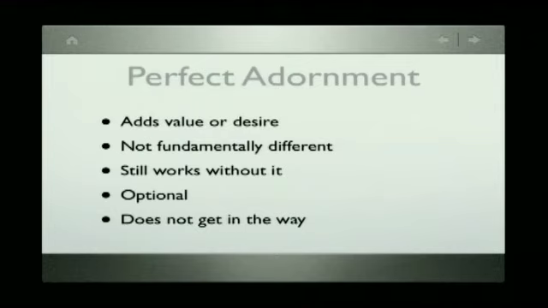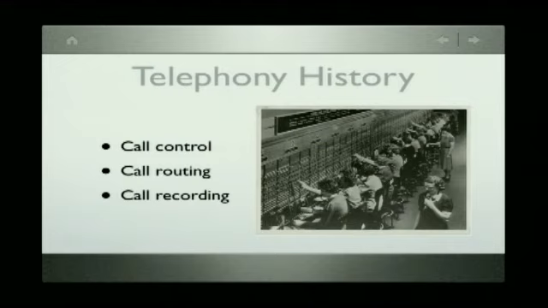And so in that sense, it's entirely optional. The adornment isn't something that you have to have. And it's equally critical that it doesn't get in the way. You want an adornment to feel a natural part of the thing, a natural enhancement to the thing, and not undo it.